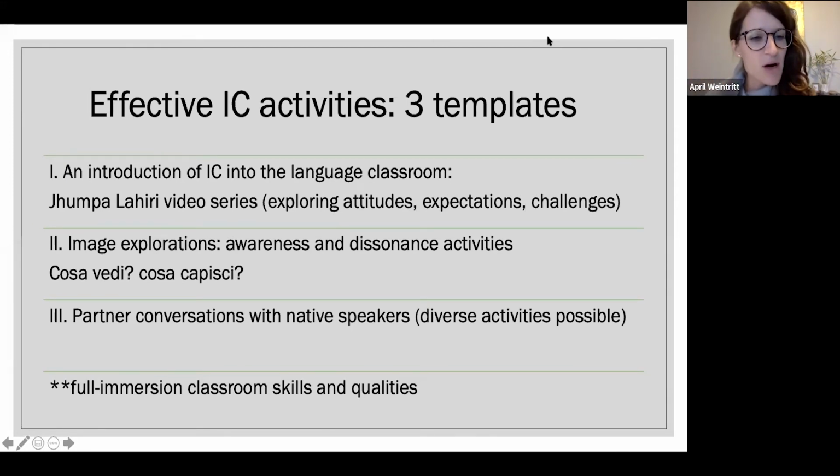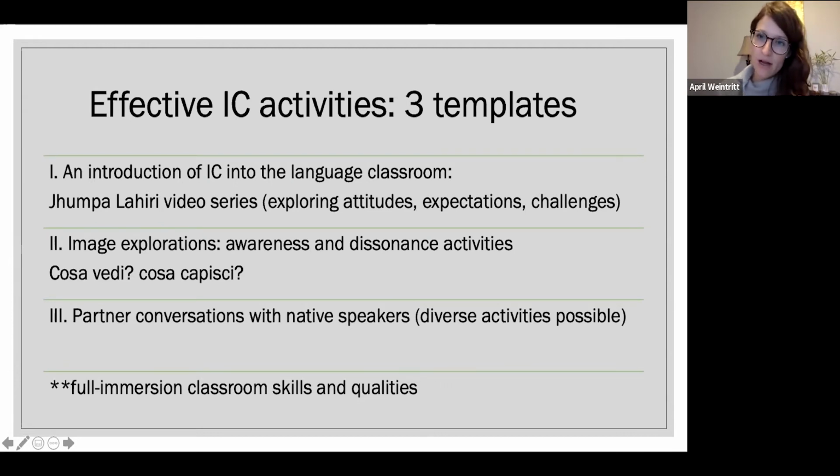And then our third type of activity is based upon partner conversations with native speakers. And there are different ones possible under these circumstances. And because we really like to focus on this a lot, there are full immersion classroom skills and qualities that our students are gaining every day that we teach in the language, like their tolerance of ambiguity and their resiliency and their attention to conversation and their ability to adapt to the expectations of others and adapt their behavior.